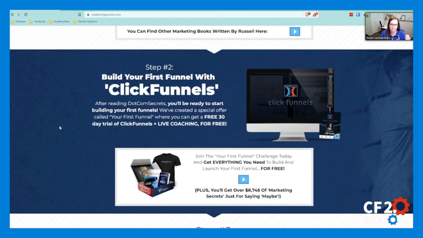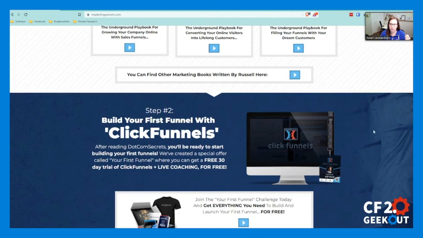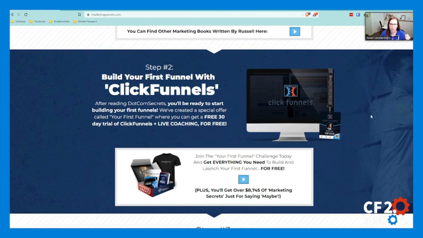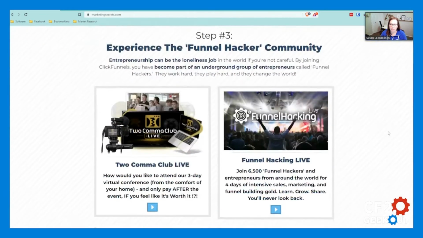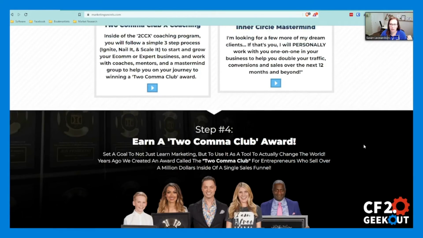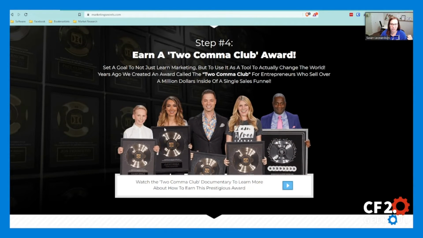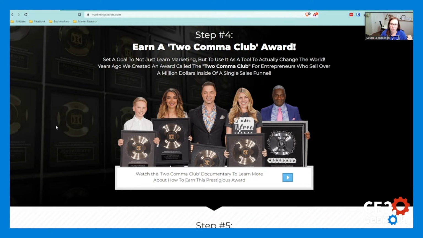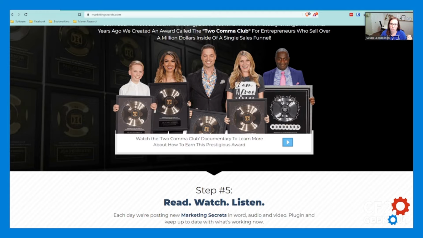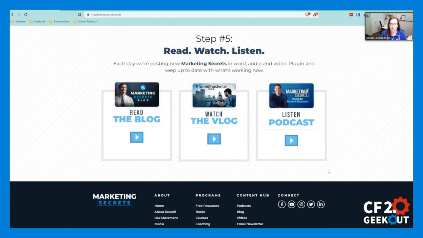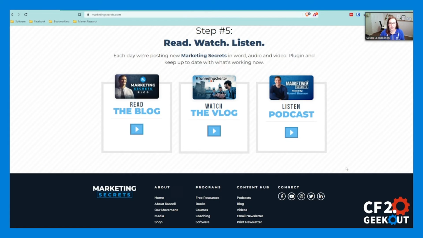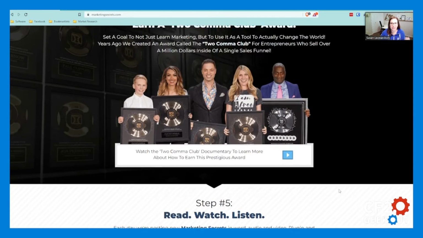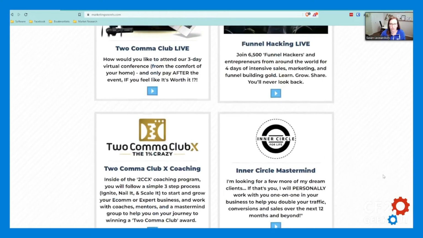Right here, we've got another background switching from section to section. Russell's over here kind of hiding on this background. Then it switches back to this stripy one. And then this one here, we're going to talk more about the graphics in just a minute when we get to S, but there's even another background right here and a really well put together graphic of the 2 Comma Club winners. So that's what we mean when we're talking about upscale: does it look professional?